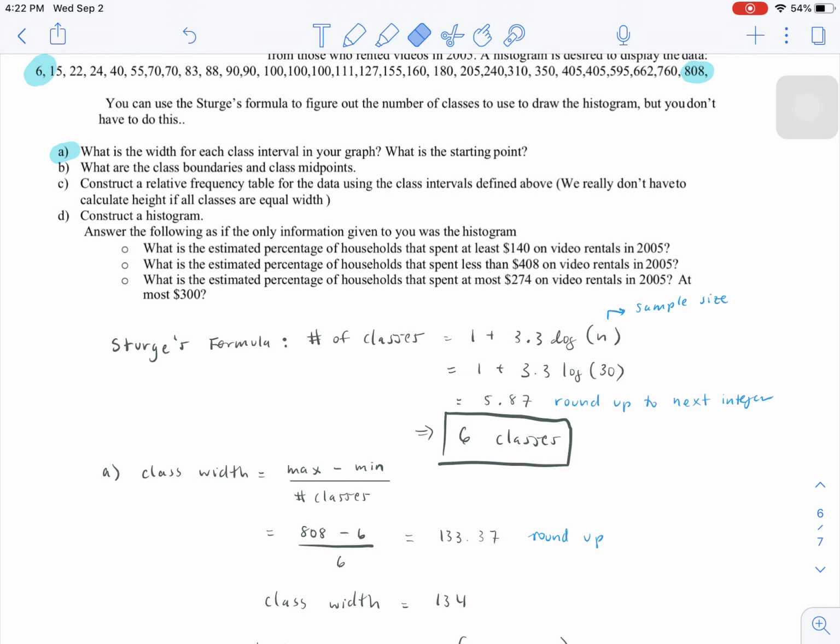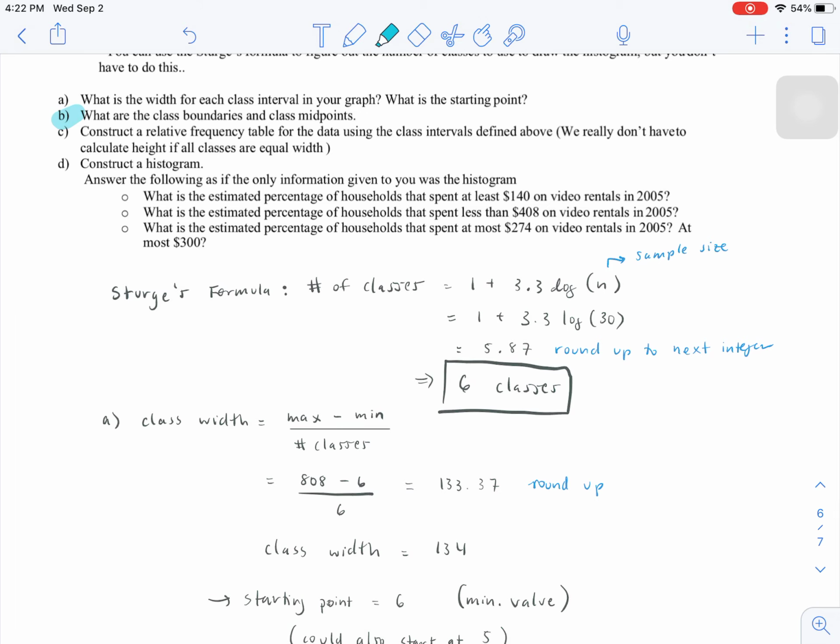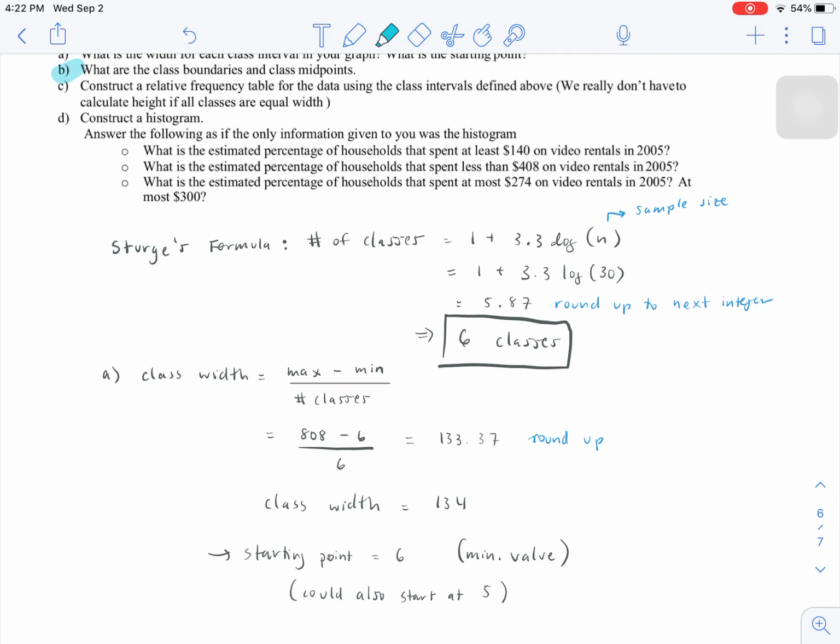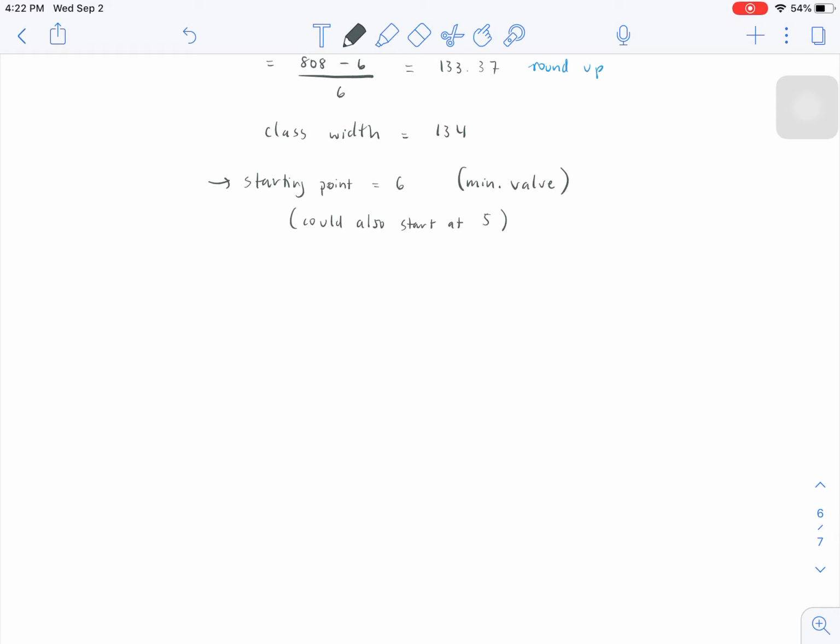Okay, so now in part B, we want to find our class boundaries. We want to make our classes. And then we want to find our class midpoints. Okay, so our starting point is 6.